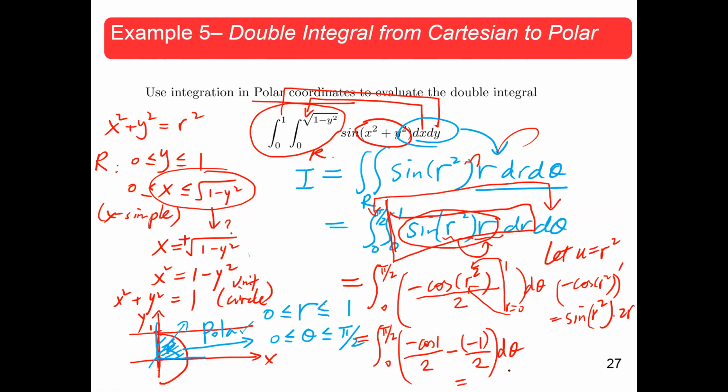All right, so if you simplify this piece, I have negative cosine 1 over 2 plus 1 over 2, which is 1 minus cosine 1 over 2. This is a constant. Its antiderivative with respect to theta will just be theta, and then theta goes from 0 to pi over 2.